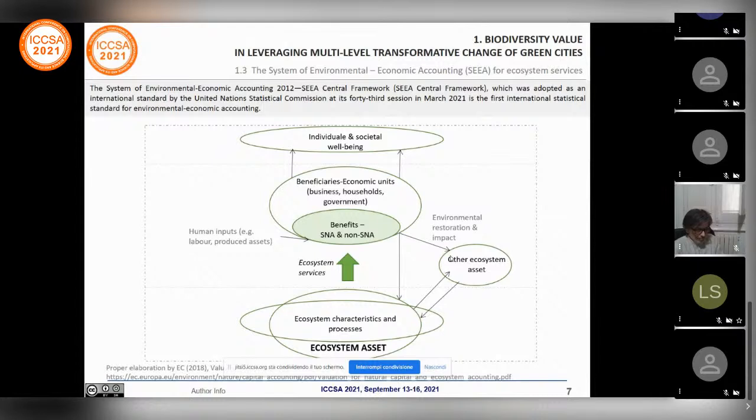But what are the evaluation methods to use with respect to this type of framework? A range of evaluation methods are compatible with the System of Environmental Economic Accounting methodological framework for this purpose.